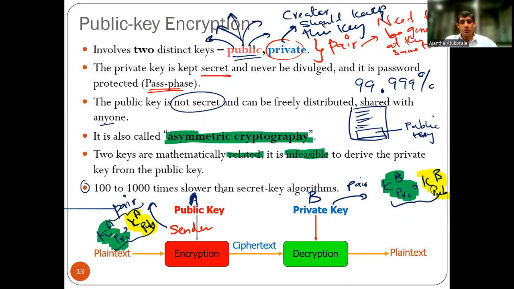By the way, the last bullet: this method is very much slower, 100 to 1,000 times slower than the secret key, that's the single key method. So this is a very expensive thing, because these mathematical equations are very heavy. Because of that, we try to compromise on the key length. As I said that day, you can increase the key length as much as you like, but if it takes about half an hour to generate the key pair and then use the keys to encrypt, that's a big time period, and you can't do a transaction because a timeout will happen.